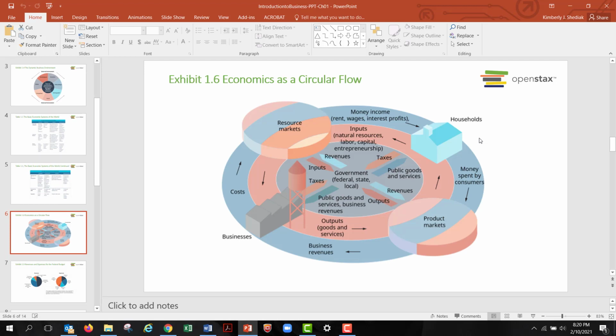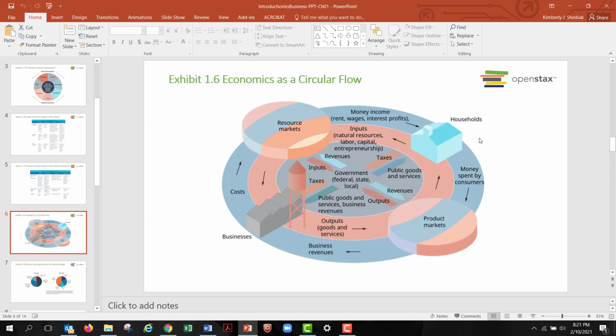Economics as a circular flow. So there's a lot going on in this image, right? So we can see if we look at the outside, sort of business and households, right? And then we see how all of this flows. Costs, revenues, the money spent by the consumers, and the money made, right, by the businesses.